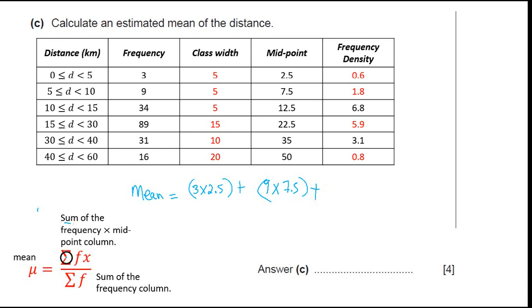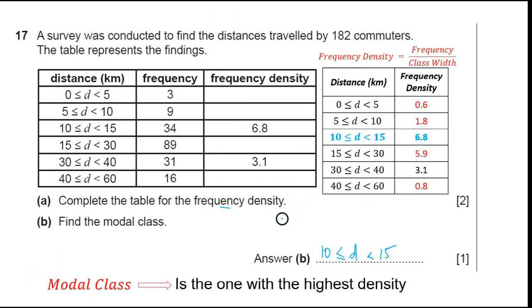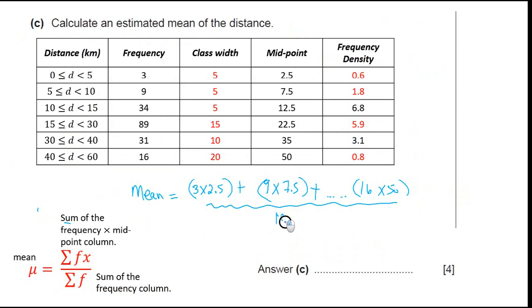And so on until you get to the last one, which is 16 times 50. And all of this you are supposed to divide by the total in this question. Is it 187? How many learners do we have here? 182.